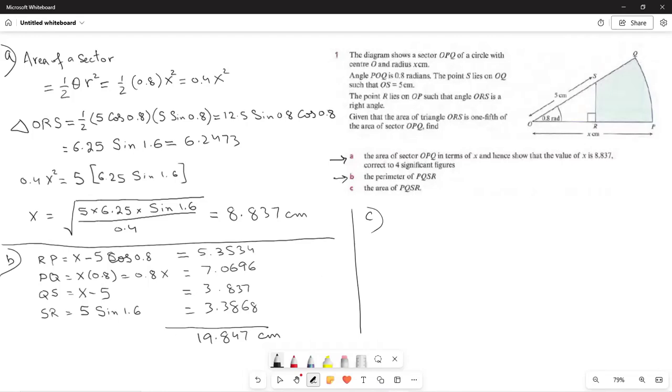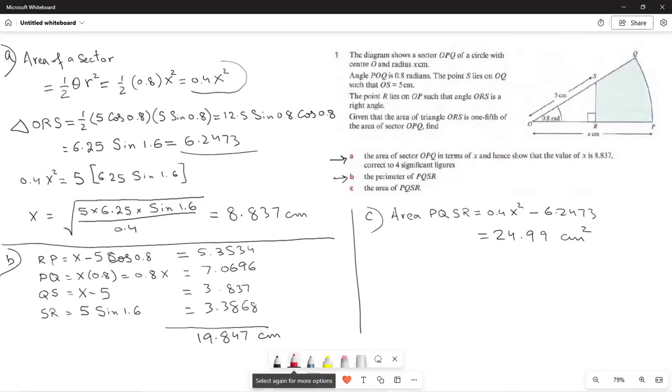So the area of PQSR is equal to the total sector's area, 0.4 x squared, which we have calculated here, minus the area of the triangle ORS, which we calculated over here, 6.2473. When you substitute the value of x here, we got the final answer as 24.99 centimeters square.